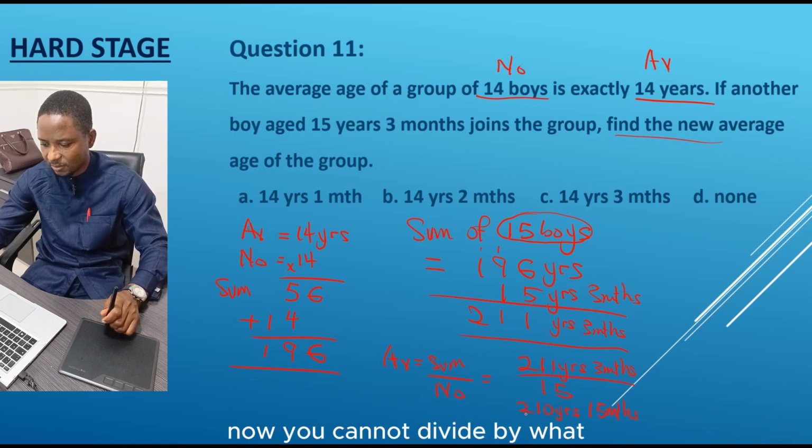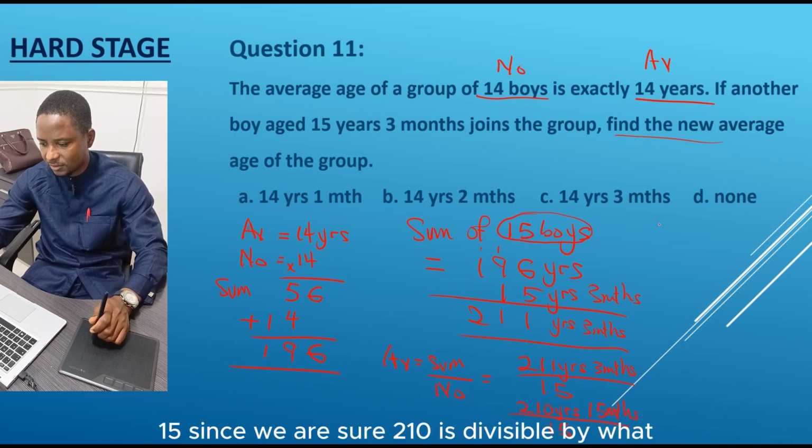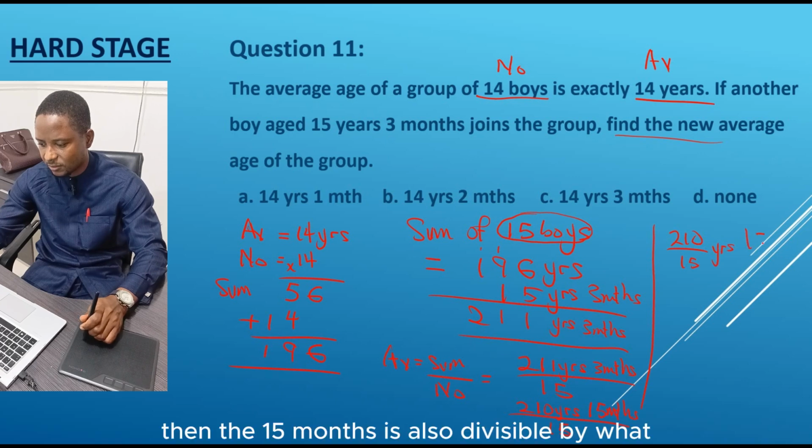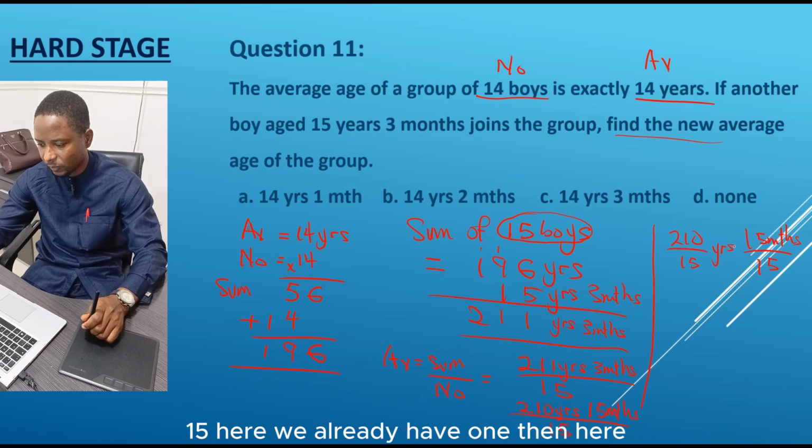Now you can divide by what? 15. Since we are sure 210 is divisible by 15 to get the years part, then the 15 months is also divisible by 15. Here we already have 1.